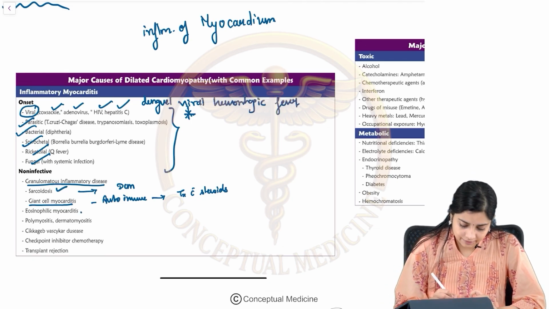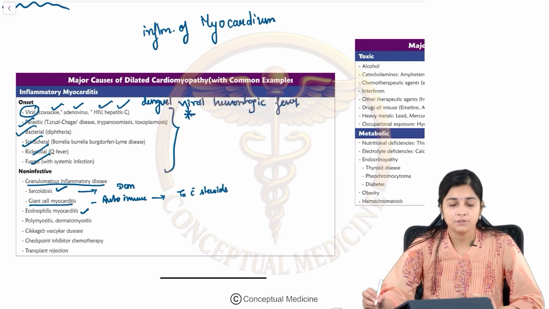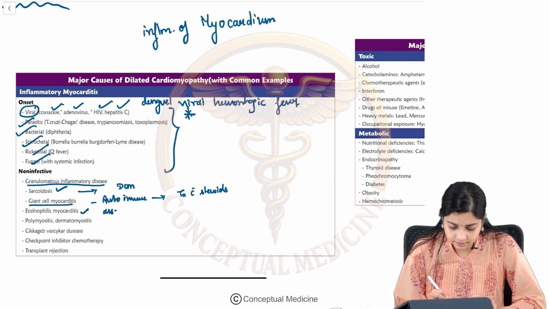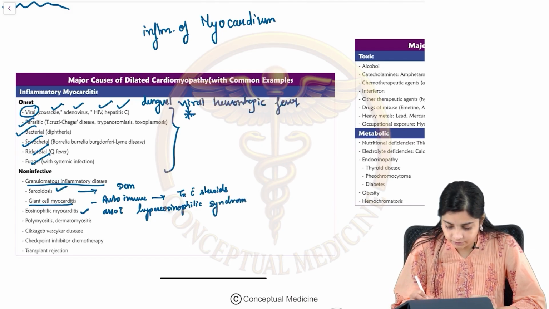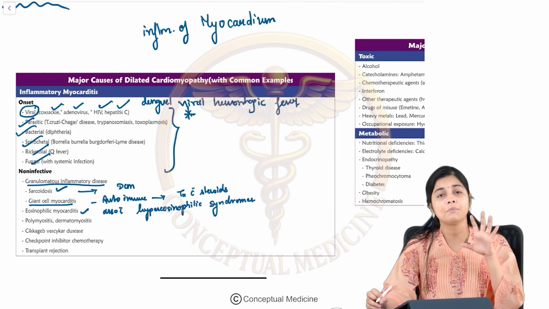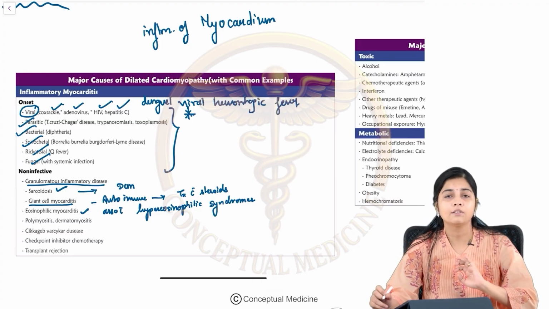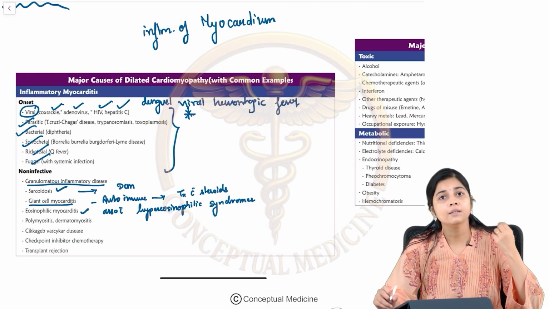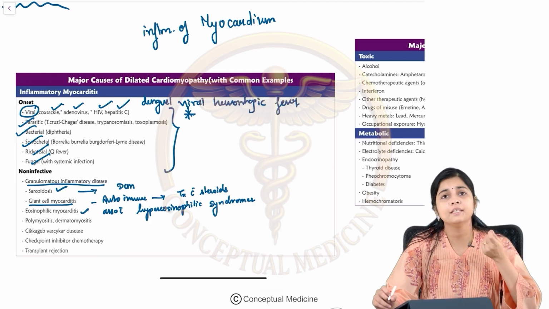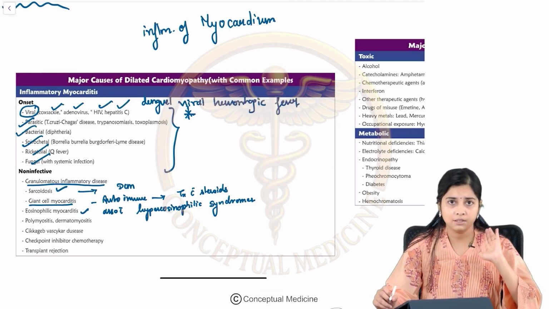Okay. Then we have eosinophilic myocarditis, which is commonly seen associated with hypereosinophilic syndromes. You would have learnt of hypereosinophilic syndromes in the chapter of eosinophilic lung diseases, right? So this is a multi-system inflammatory disorder which is characterized by peripheral eosinophilia with eosinophil counts more than 1500, and the eosinophils infiltrate literally every organ of the body, including the myocardium.